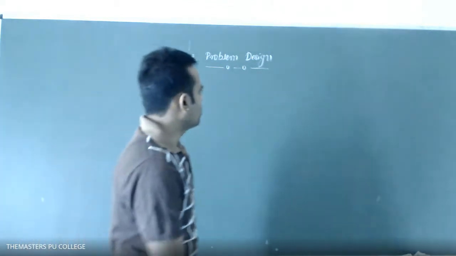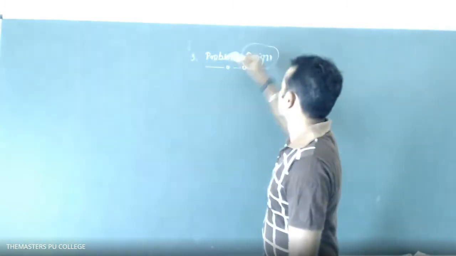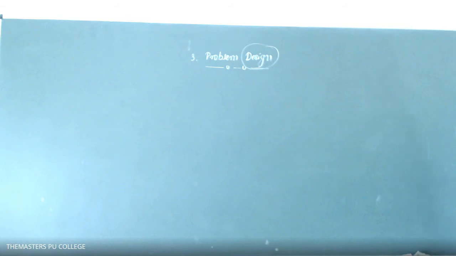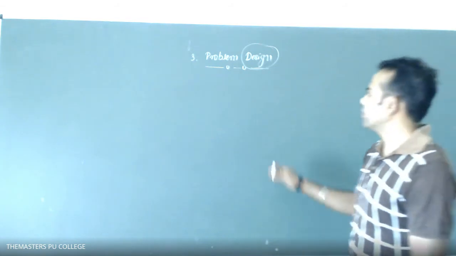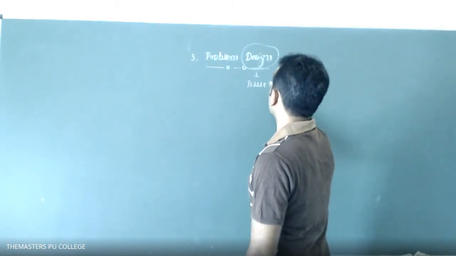Right, now it is problem design. So what do you mean by design? What does that indicate? Pattern. Design, pattern, or we can simply call this a blueprint. Can we call this a blueprint?